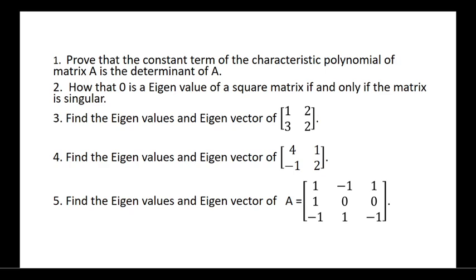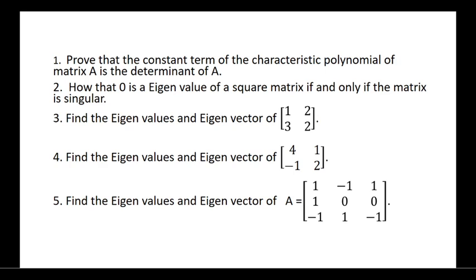So here we prove that the constant term of the characteristic polynomial of a matrix is the determinant of A. Suppose A is a square matrix of order n.